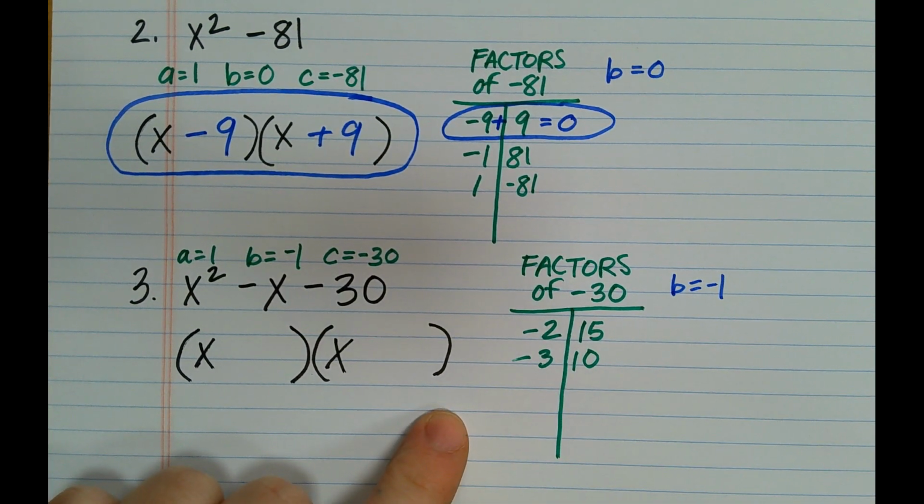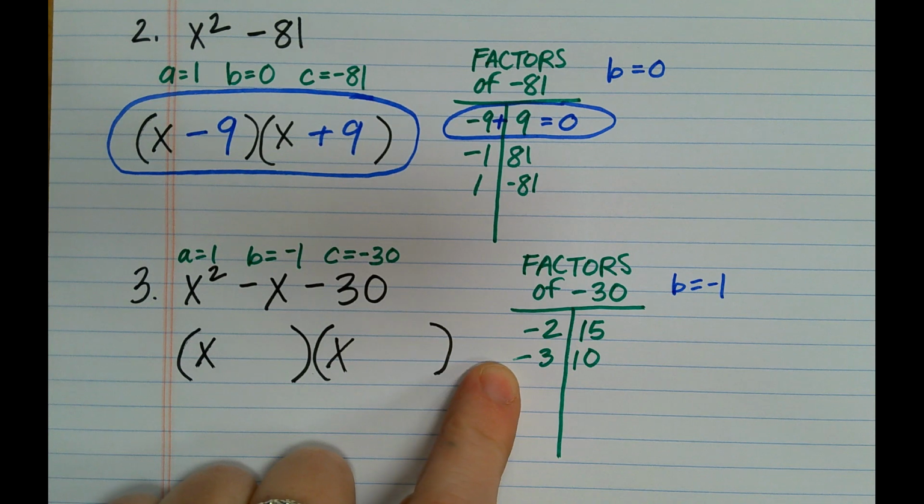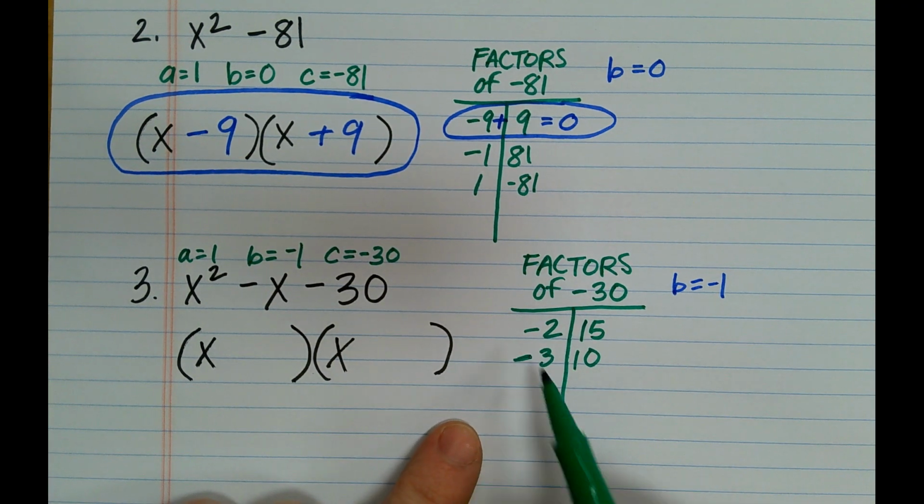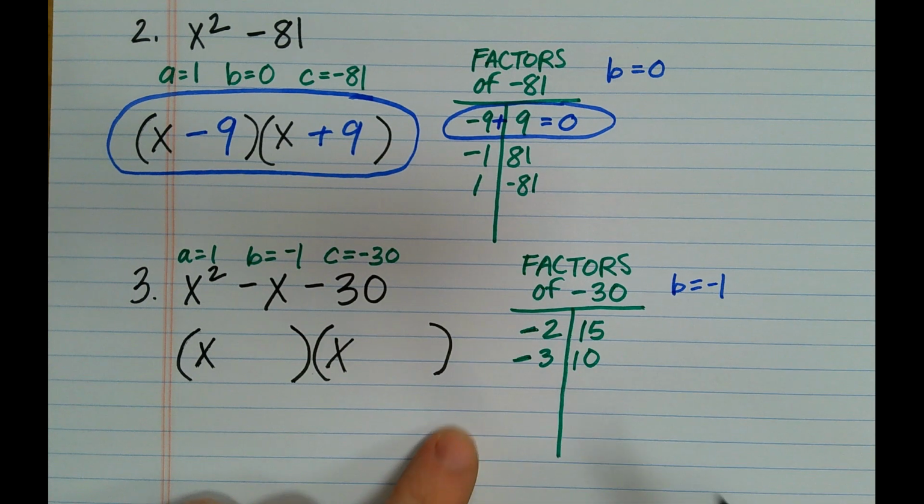I'm somebody that it'll mess me up, so I have to write my negatives because I will lose my brain. But if that works for you, great. If you're getting the right answers, then clearly it's great. It's like another step, I guess, for some people. I get you. If putting a negative in your factors is confusing you, then do what works for you.